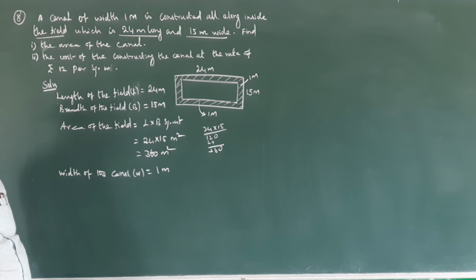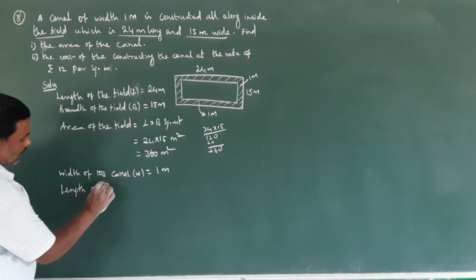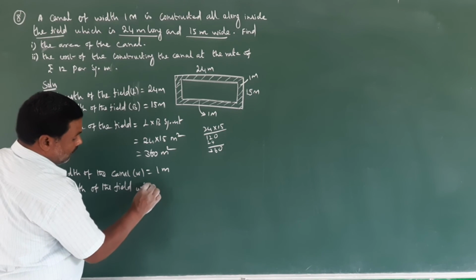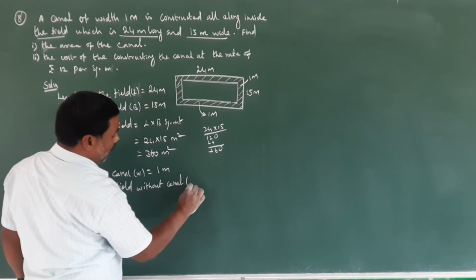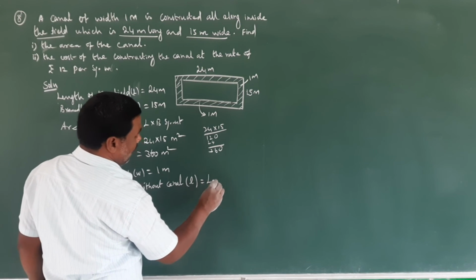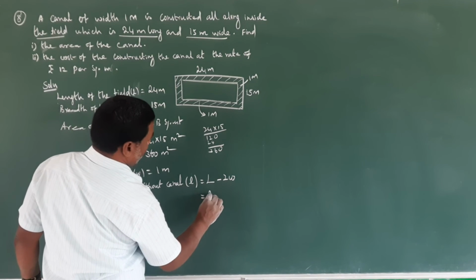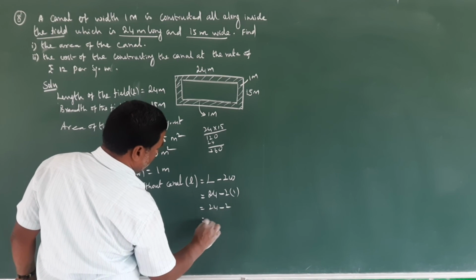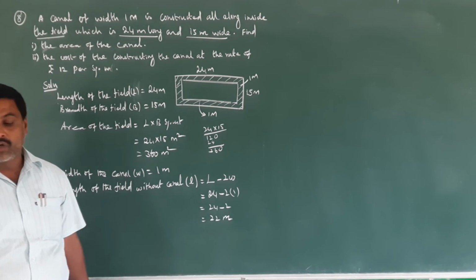Now the length of the field without canal, small l, equal to capital L minus 2W. Capital L is 24 minus 2 into 1, 24 minus 2, 22 meter. The length of the field without canal is 22 meter.